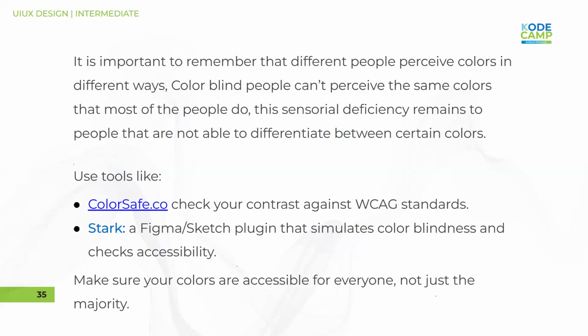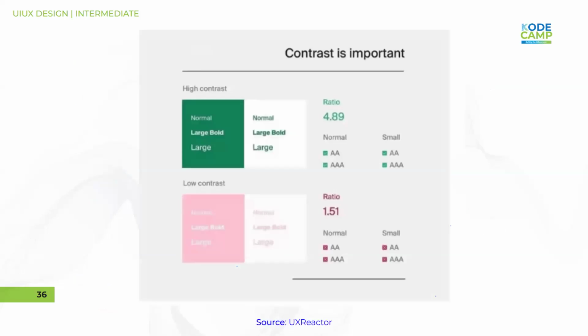Okay. So if you look at contrast, you can see the first example here that we have green and white. So you can see that it has passed the contrast test. It has high contrast. You can see that the ratio is showing 4.89 and normal. So the text has passed, the color has also passed.